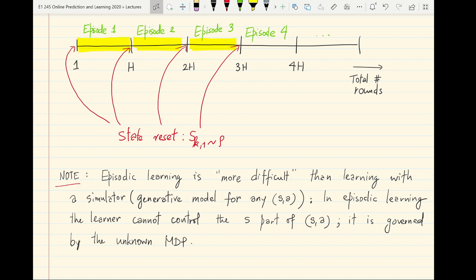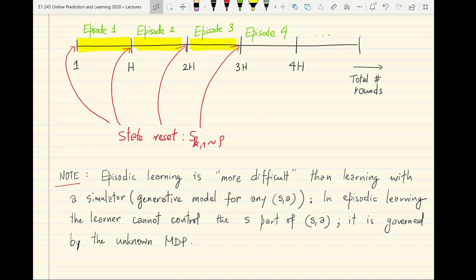Recall that in episodic learning, the environment or the dynamics naturally give rise to the next state of the MDP, at which the learner is called upon to make a new action, as opposed to the generative model or the simulator based learning model, where the learner has the freedom to set the state of the system to any state that it wishes to experiment with, and play any action A.